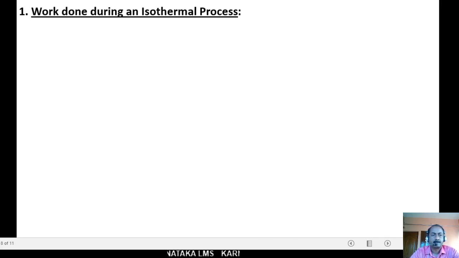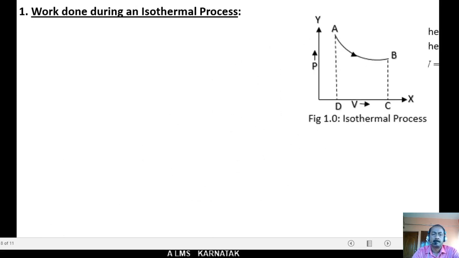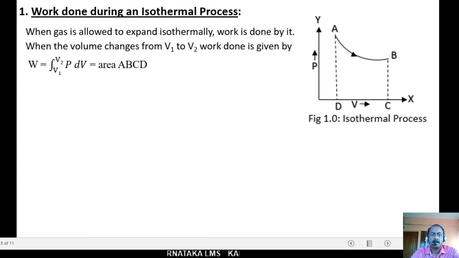Yes, friends, we shall now discuss the work done during an isothermal process. When gas is allowed to expand isothermally, work is done by it. That means if you take an ideal gas inside a cylinder fitted with a frictionless piston, the side walls of the cylinder should be perfectly conducting for an isothermal process.